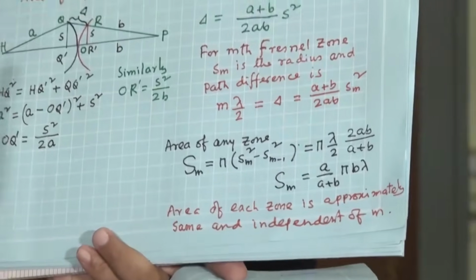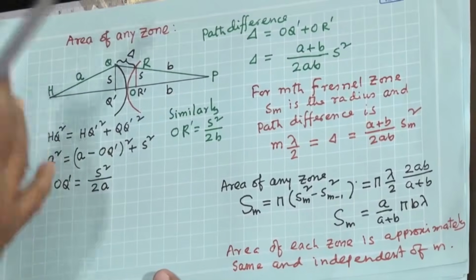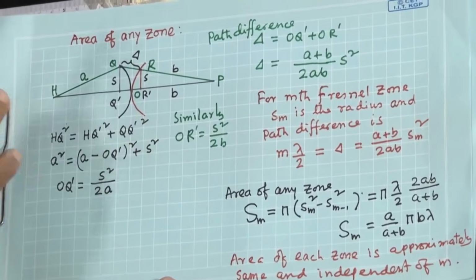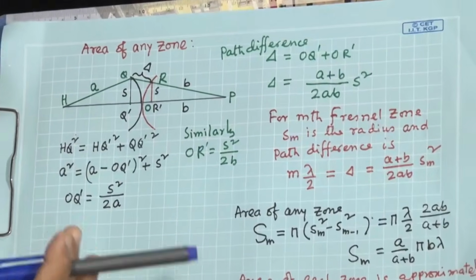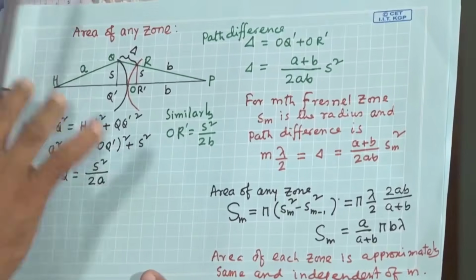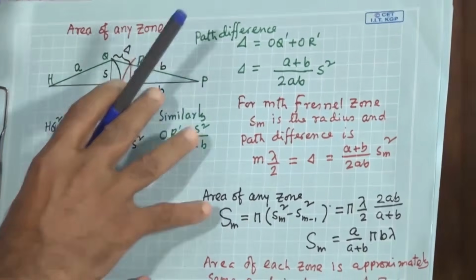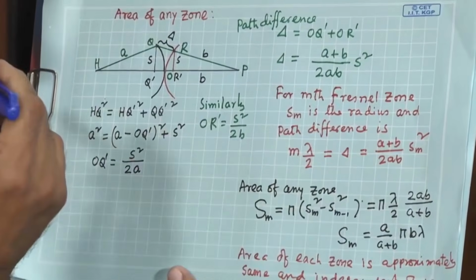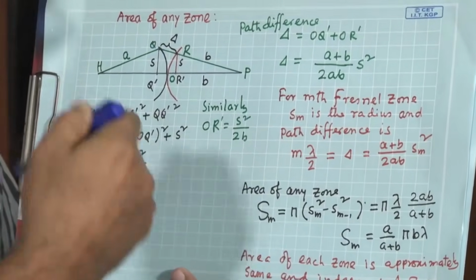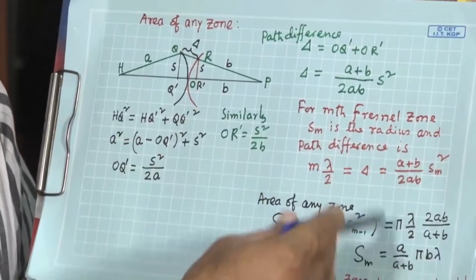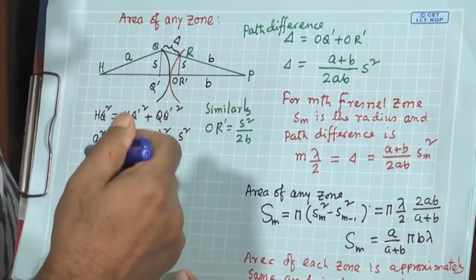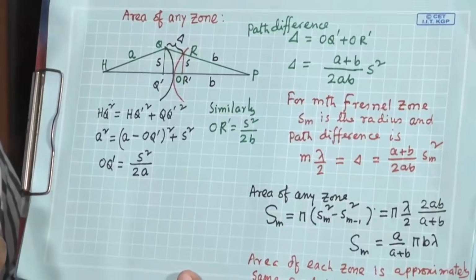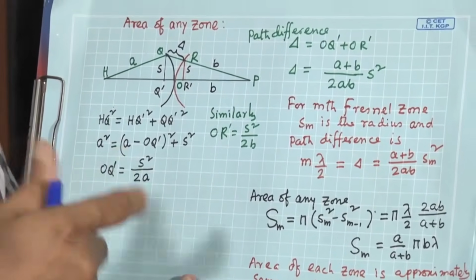So about the Fresnel zones, what we now know is that the area of each zone is the same, and light will come from each zone to the screen at a point P. Light from alternate zones will be in phase, but light from two consecutive zones will be out of phase.